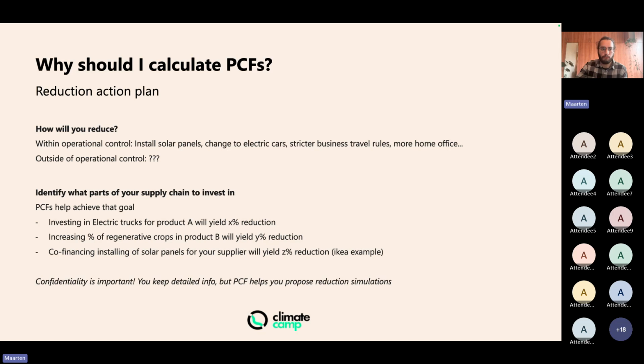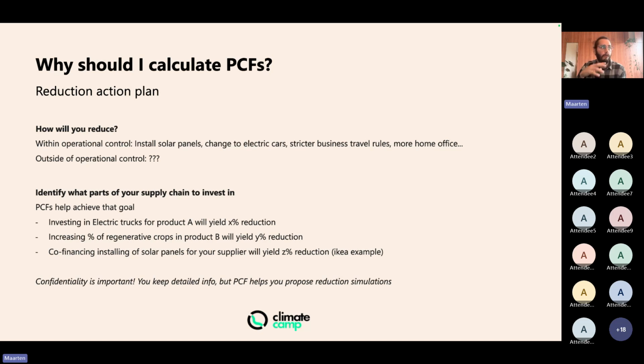However, when you look outside of operational control, scope 3, especially purchased goods and services, transportation and packaging, it's hard to see what are the best actions that can be taken to reduce your carbon footprint. Now, what we generally see, and what a couple of our customers are already moving towards, is identifying what parts of the supply chain to invest in. And PCFs help achieve that goal.